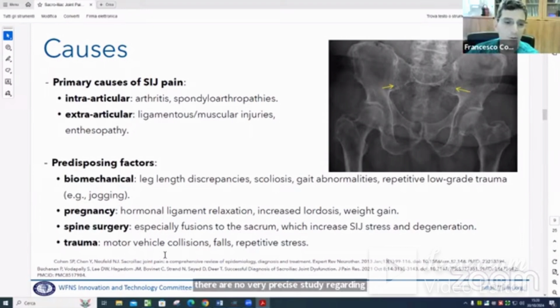Obviously, there are also trauma, motor vehicle collisions, falls, and repetitive stress, for instance running long distances. So for the marathoner, there is a chronic stress that can provide pain in this region.